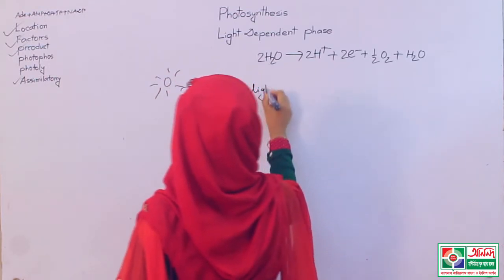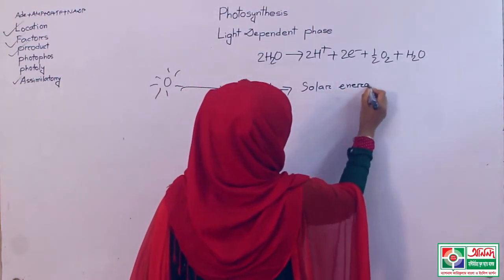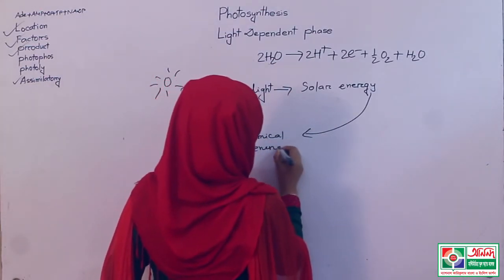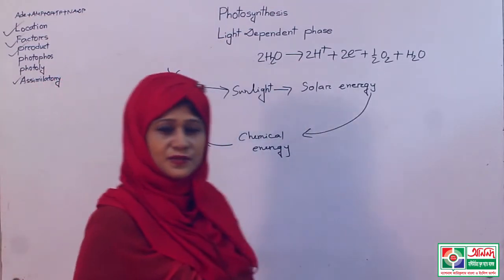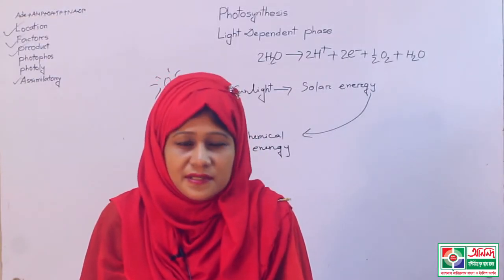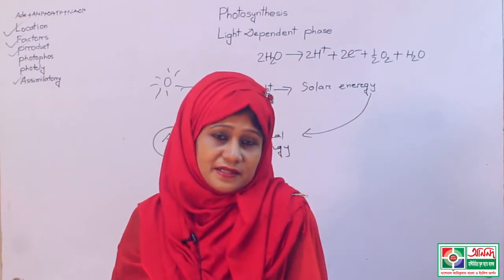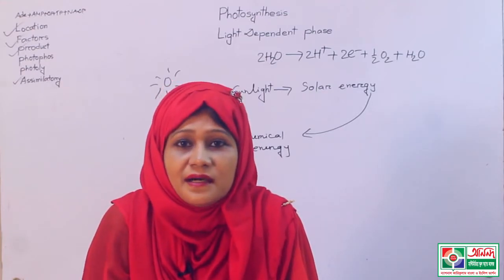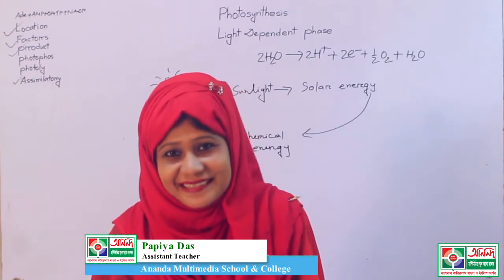From sunlight, solar energy, and this solar energy is transformed to the chemical energy, and it is stored in the ATP, and this ATP is the source of energy. Okay, in this phase, water is the raw material. This is absorbed from the soil, and it acts as the electron donor. NADPH2 acts as the hydrogen donor. ATP acts as the supplier of the energy.